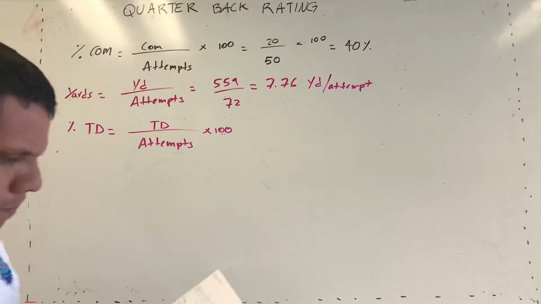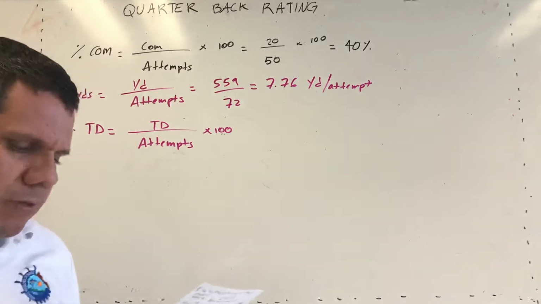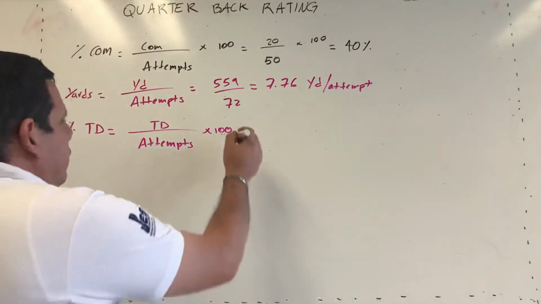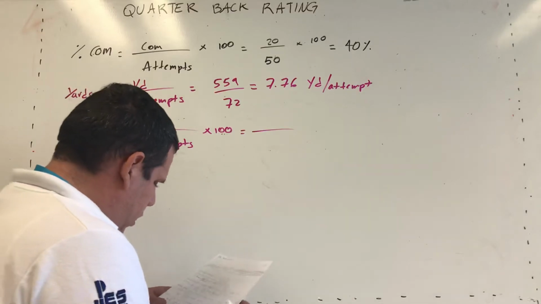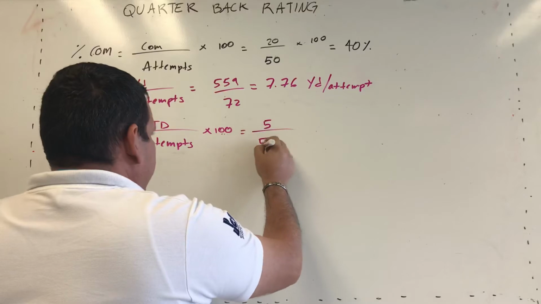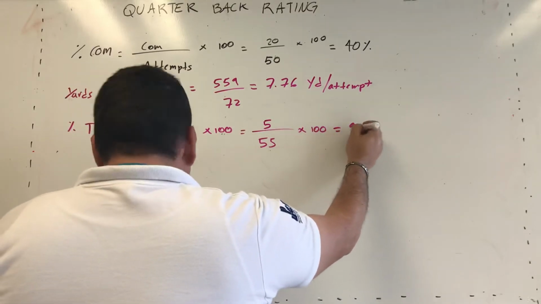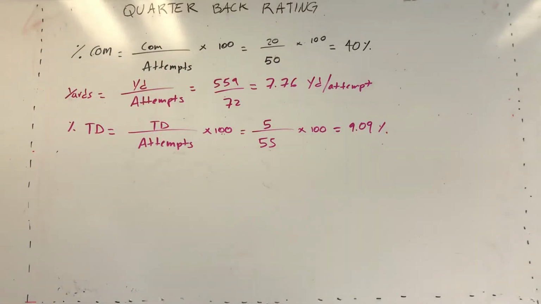Carlos Perez completed 5 touchdown passes in 55 attempts. Calculate the percent of touchdowns. So if we go back, we have 5 touchdowns and 55 attempts times 100. This is 9.09%.